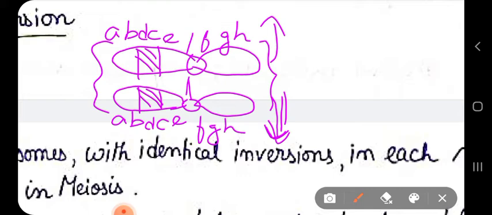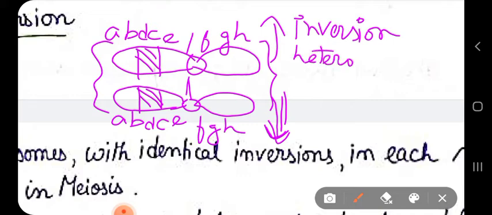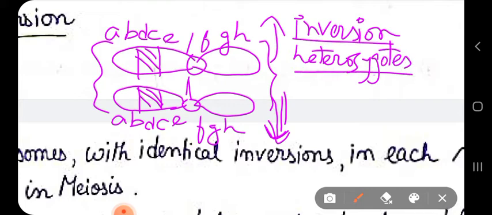But problem occurs in case of inversion heterozygotes. What happens in inversion heterozygotes? I have already said that in inversion heterozygotes one of the chromosomes will have the inverted segment and its homologue will be a normal chromosome.